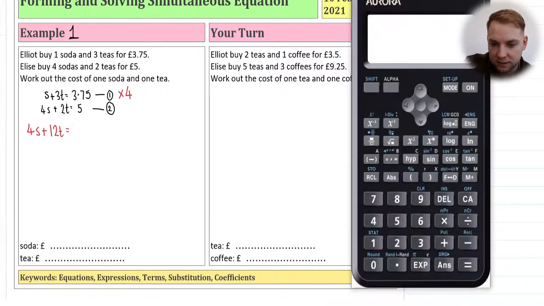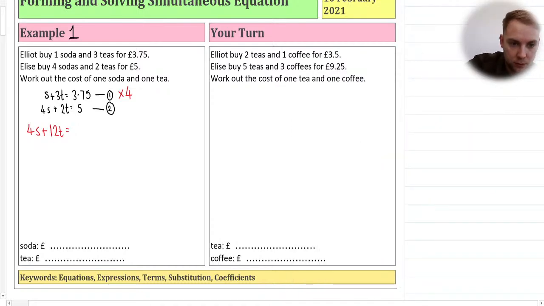I'm going to do that on the calculator, just to make sure. £3.75 times by 4 is equal to £15 there. So that's equal to 15 there, like so. Now remember, we don't need to times the other one because these are staying the same. So we've already got 4s. Now, the next question we need to ask ourselves is, are the signs on the letter that we have the same, or are they different?